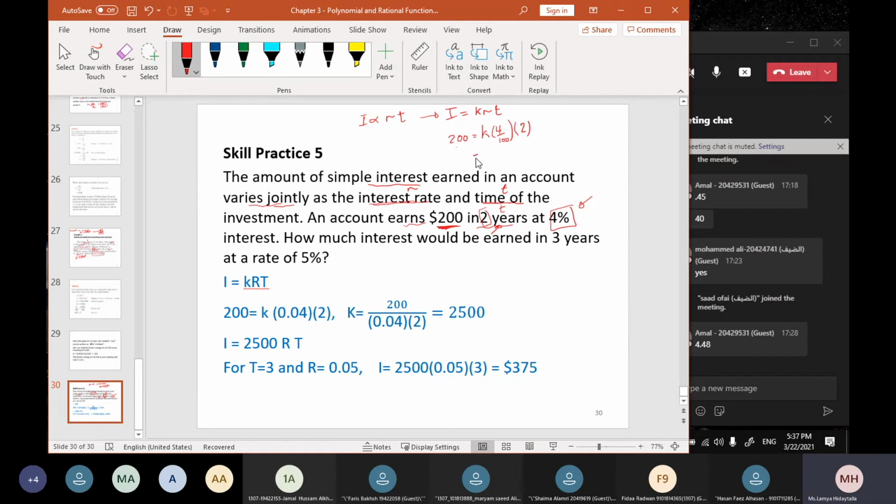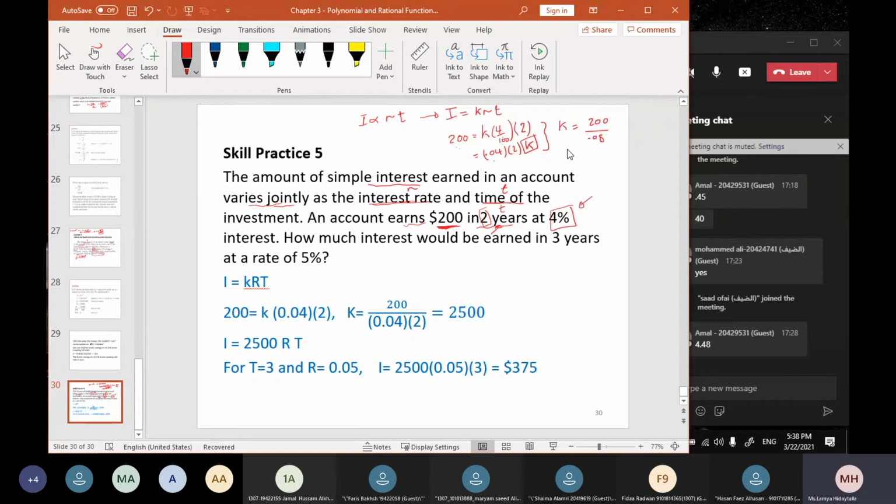So this is equal to 0.04 times 2 times k. So I can calculate the k now, correct? 2 times 0.04 is 0.08. So 200 over that will give me the k. Therefore k equals 200 over 0.08.